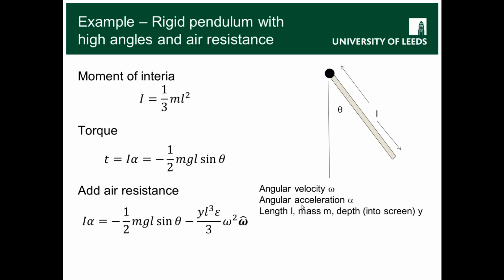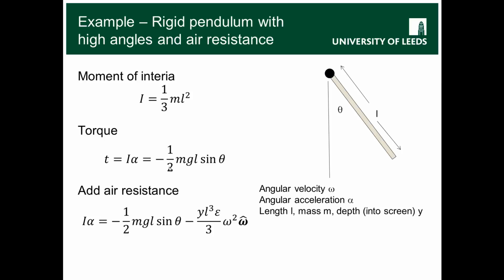In this expression, mg sine theta is the component of the weight perpendicular to the pendulum, and a half L is the point through which that force is acting to give you the torque. And it's a minus sign because it's trying to restore the pendulum back to the middle.